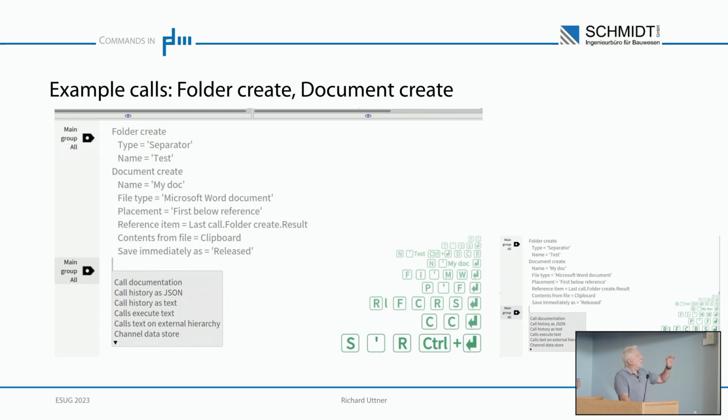The dot separates the point where we can say, okay, now we need to know which type of call we want to reference. Then we get a list of all call types that were executed. Then we choose folder create. And as every call always has a result variable that is automatically filled at its end with a specified result for each type of call, we know the folder create call, not surprisingly, had a result that was a folder, and that's the one we want to refer to.